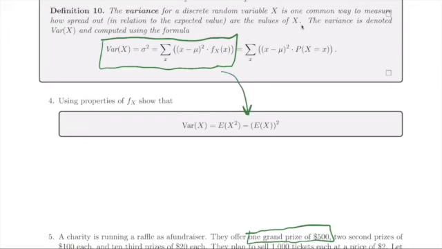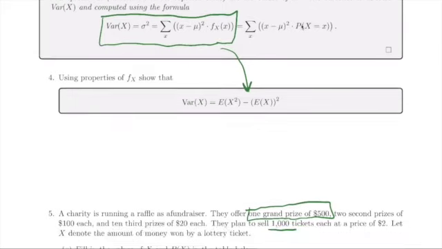And I'd like to show that the calculation above is equivalent to what we'll call a shortcut down below. So let's prove this result for the discrete case, and we'll see that it follows similarly for continuous random variables next time. But we're going to calculate the variance of x in general.